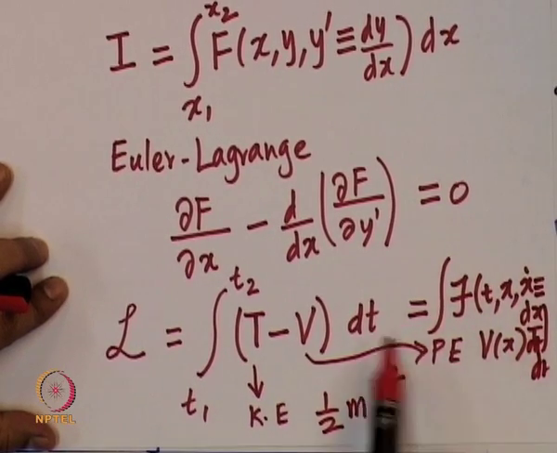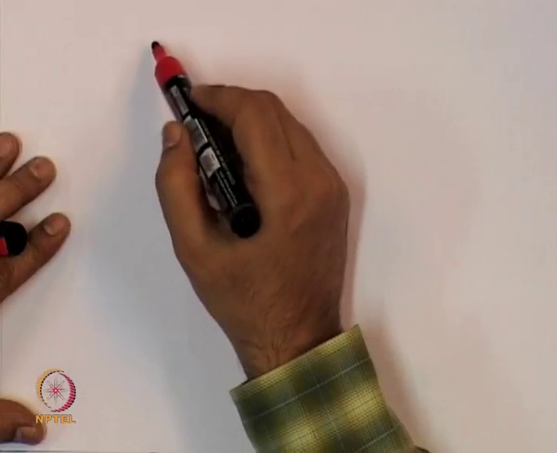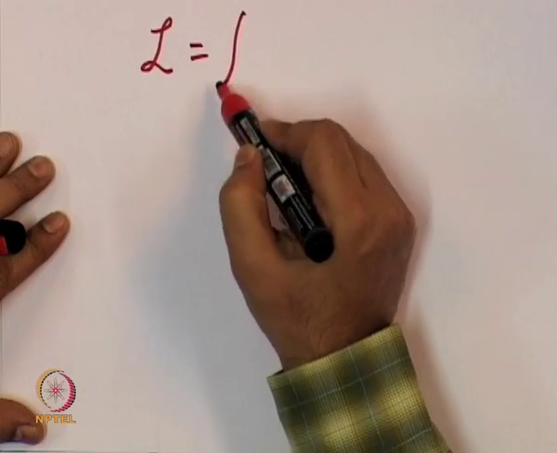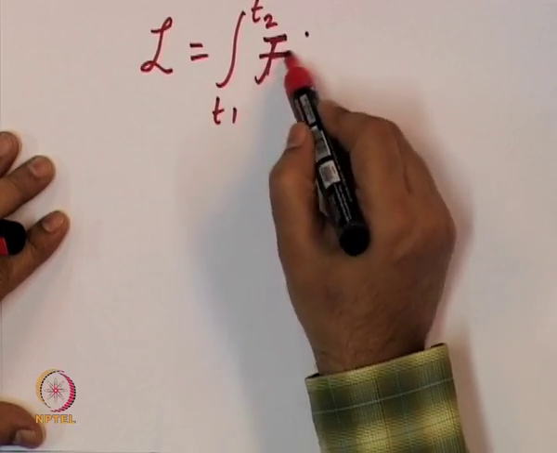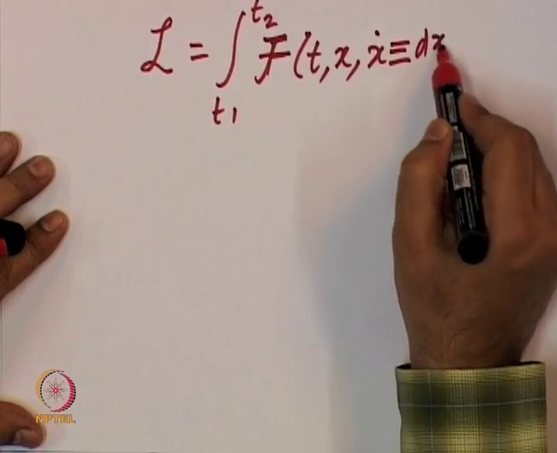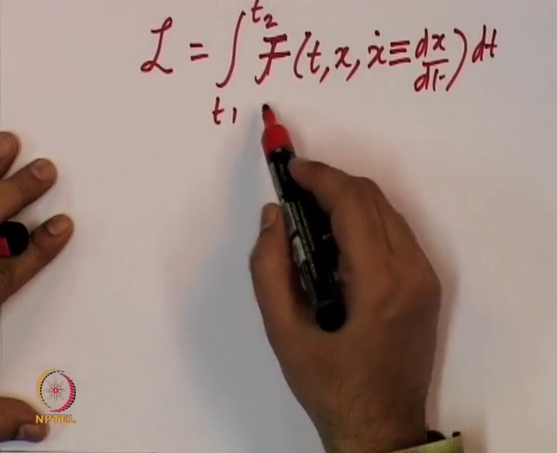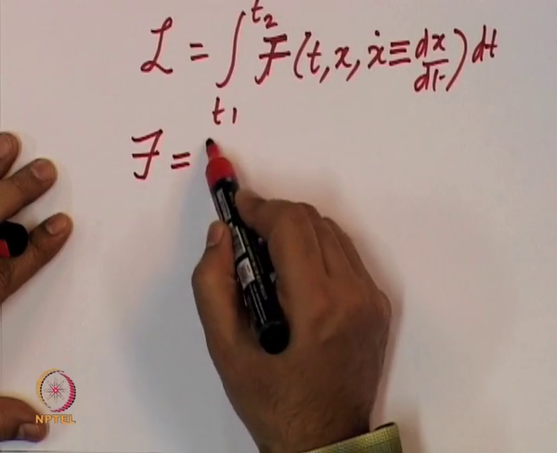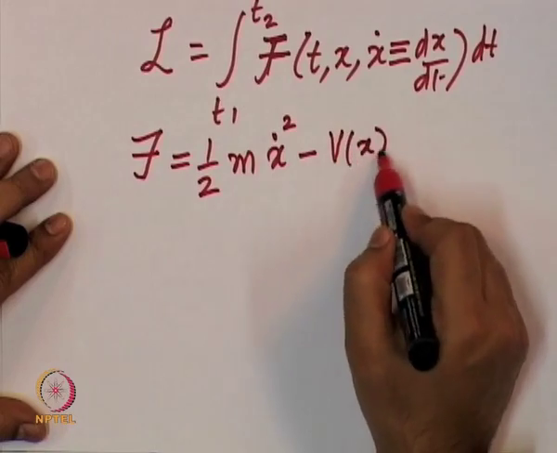So, we can use the Euler-Lagrange equation for this functional. The principle states that this action should be minimized, where f is nothing but half m x dot squared minus V of x.